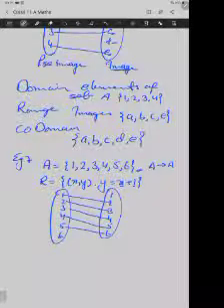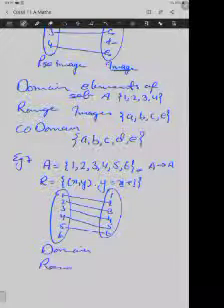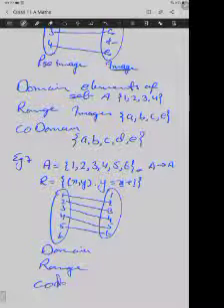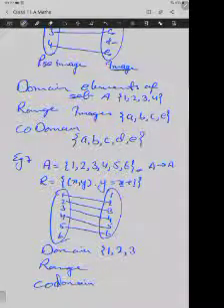So in this, the domain is the used elements of the pre-images, that are 1, 2, 3, 4, and 5.